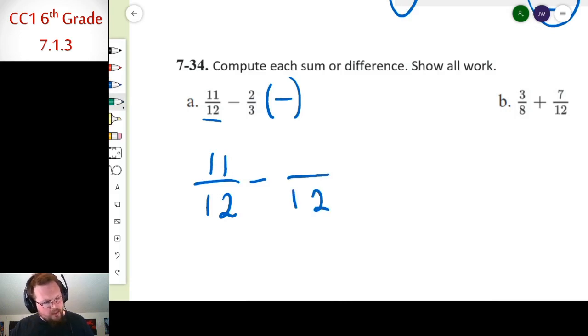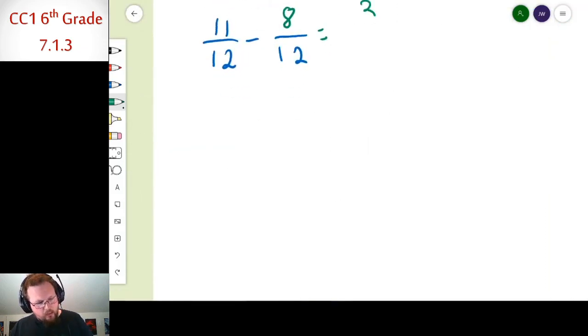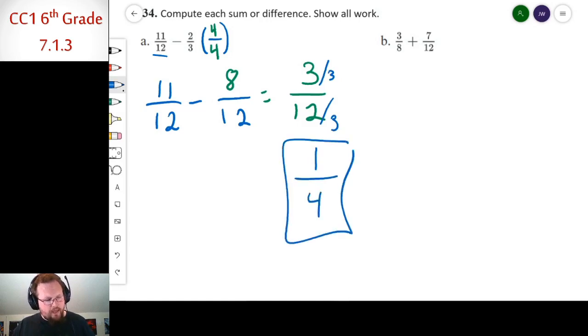So the number I want to multiply by is 4/4. Again, it's still multiplying by 1. It's just changing the numbers around, which gives me an 8/12. And some people seem to forget that the minus sign means that you subtract. So 11 minus 8 is 3/12, which will reduce because you can reduce them both down by 3, and you get 1/4 as your answer for that.